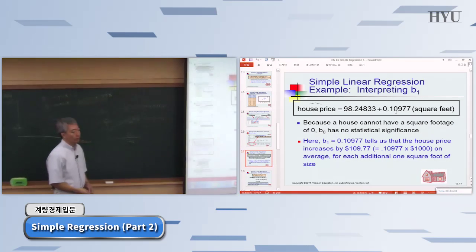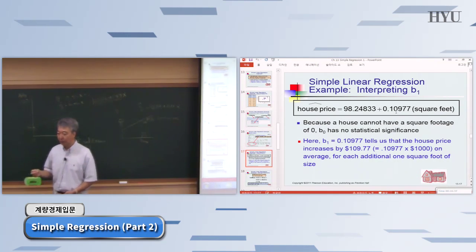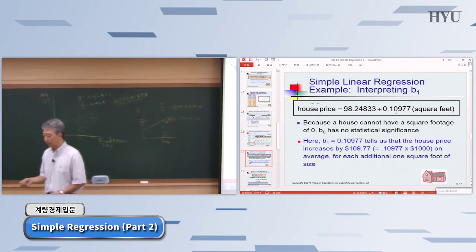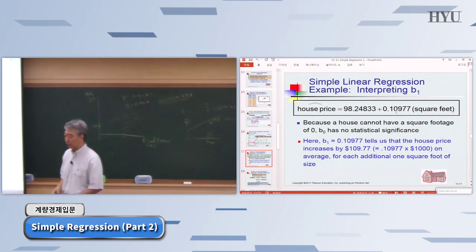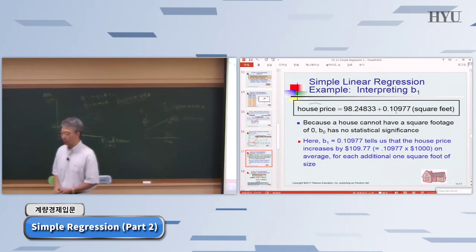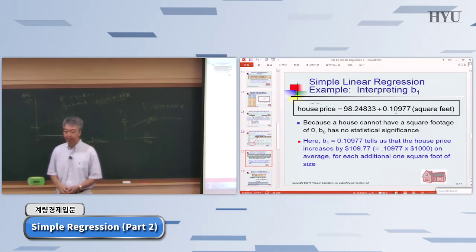So that's $109.77. So every time house size increases by 1 square foot, the price increases by $109.77. Okay? All right.